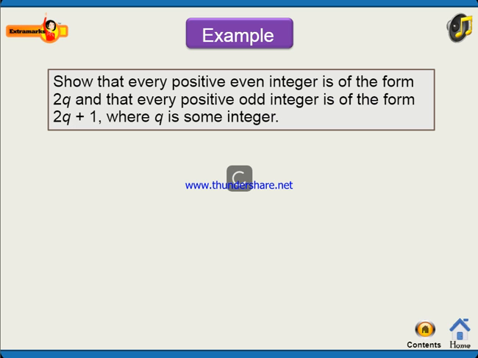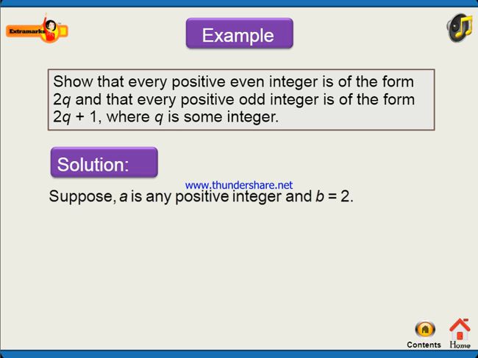To understand the concept of Euclid's division lemma, let us work out an example. Show that every positive even integer is of the form 2q, and that every positive odd integer is of the form 2q plus 1, where q is some integer. Solution. Suppose a is any positive integer and b is 2.